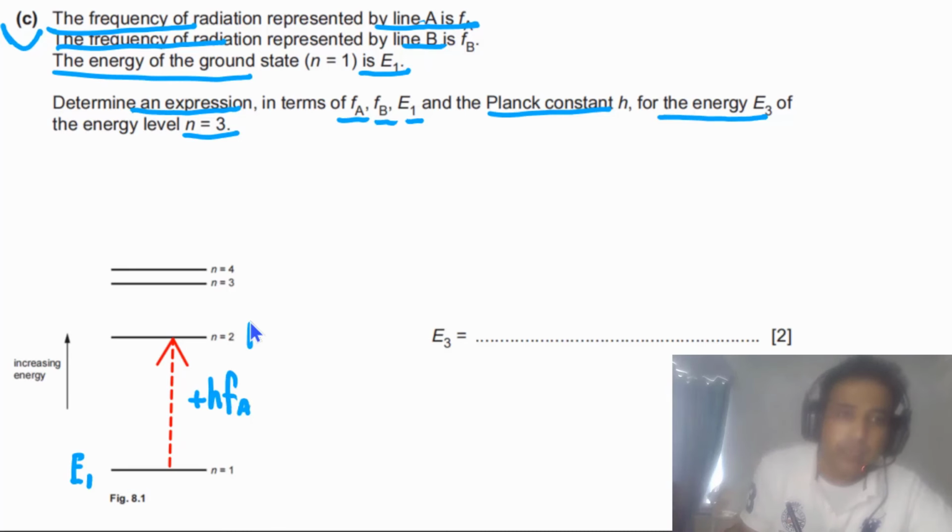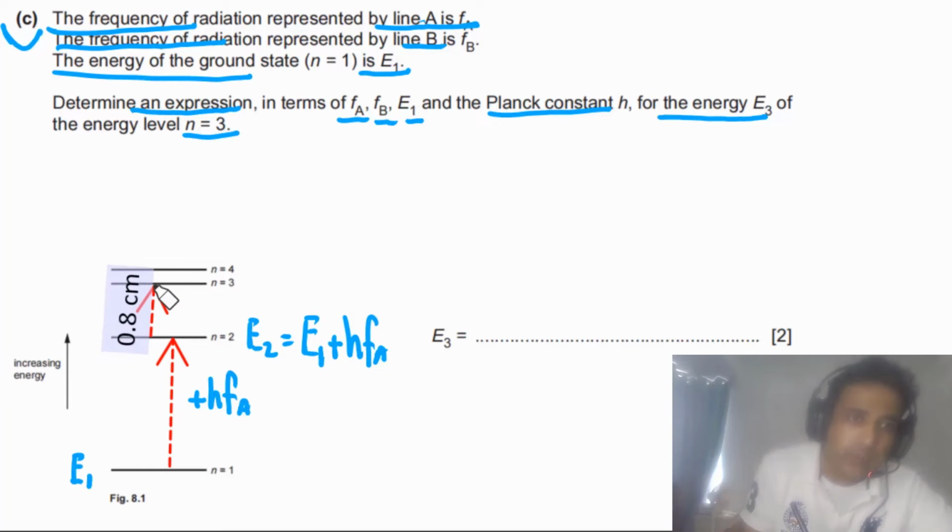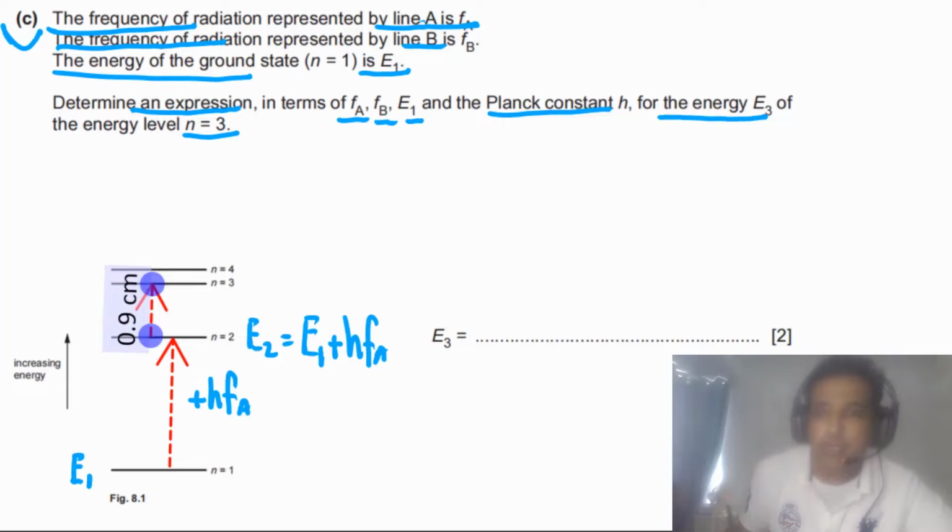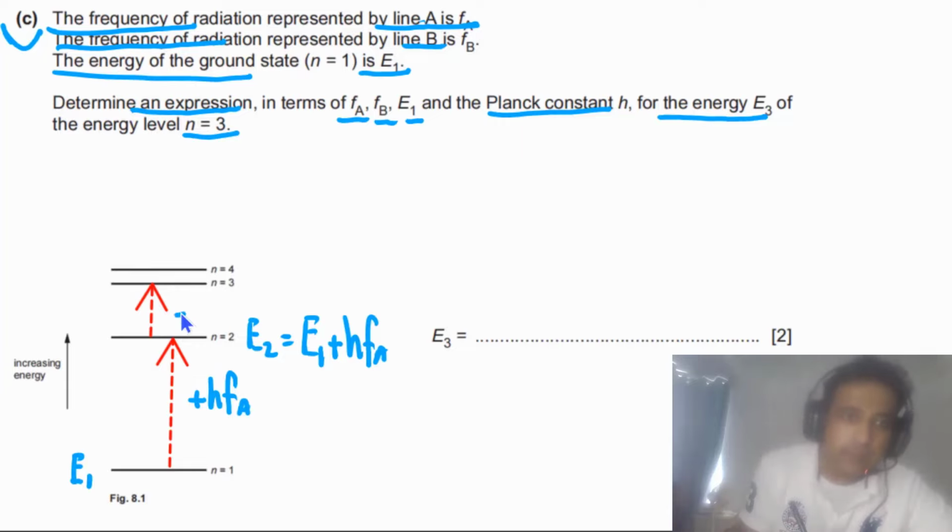So the energy at this point we can write down as E2. E2 has to be equal to E1 plus hFA. And then when the electron moves from N2 to N3, the energy gained by the electron is hFB. So at this point, E3 will be equal to E2 plus hFB.